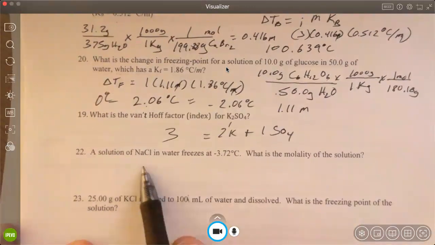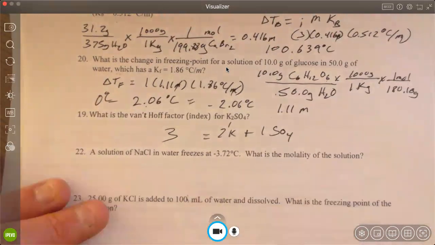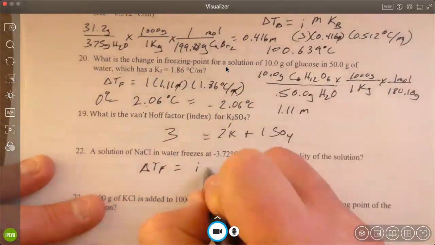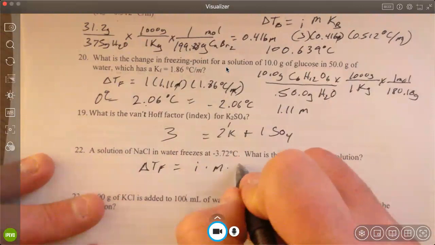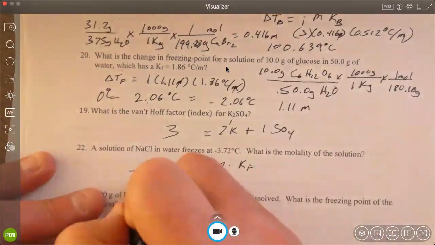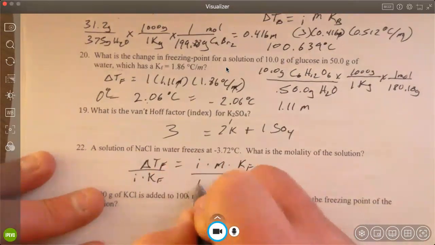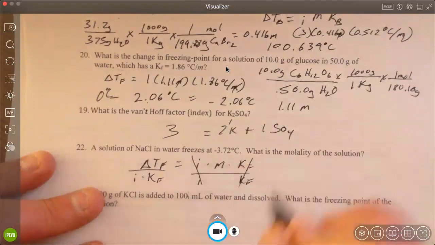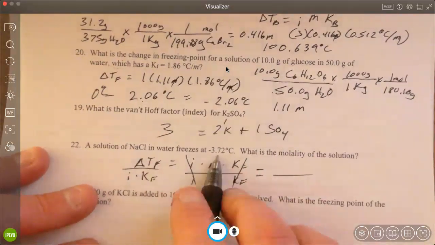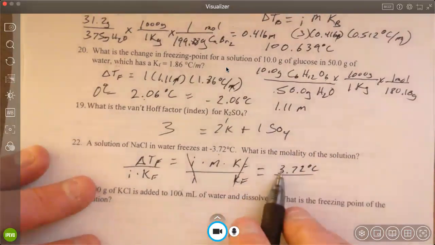A solution of NaCl in water freezes at negative 3.72. What is the molality? Well, delta T sub F equals index times molality times K sub F. We are trying to find the molality, so we need to divide both sides by the index and K sub F. Here, that will cancel, and that will cancel. The molality then for this one will equal the change in temperature freezing, which we will change to 3.72 degrees Celsius, divided by the index.